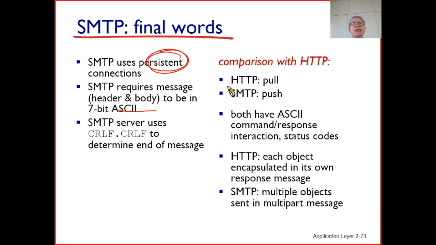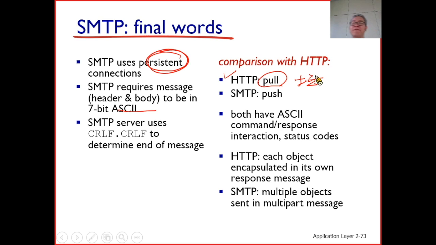Well, furthermore, for HTTP, you want to read the content, so you need to use the operation pull. Okay, and for SMTP, you want to send email, so we use push.